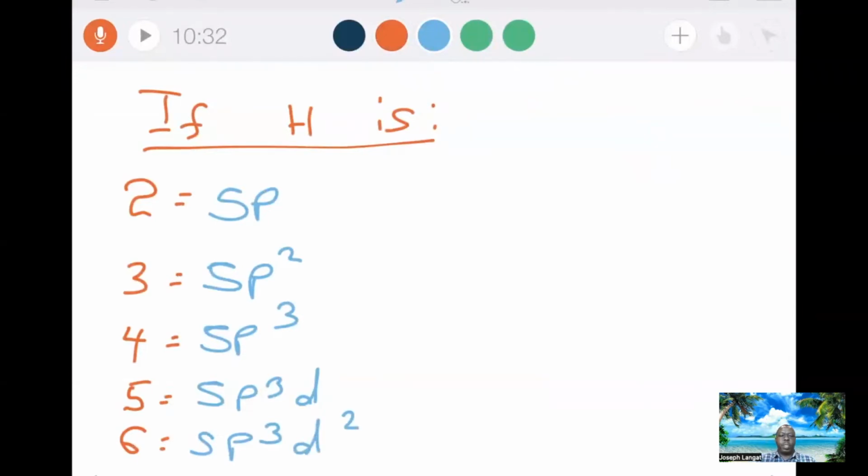You need to remember this to help you in knowing the hybridization.